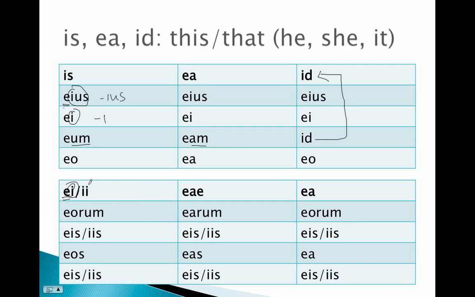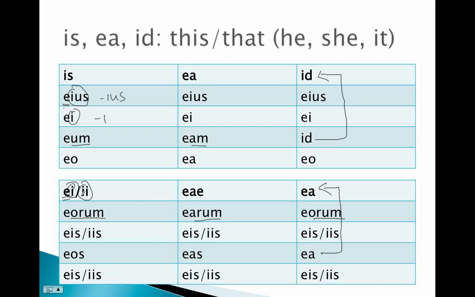Now, sometimes what can happen is if the ending begins in i, or is i, as is the case here, that initial e will assimilate to the i. So ei or ii, eae, ea, eorum, earum, eorum are regular genitive plural endings. Eis or iis, eis, eis, eos, eas, ea. The accusative the same as the nominative, and eis, eis, eis.